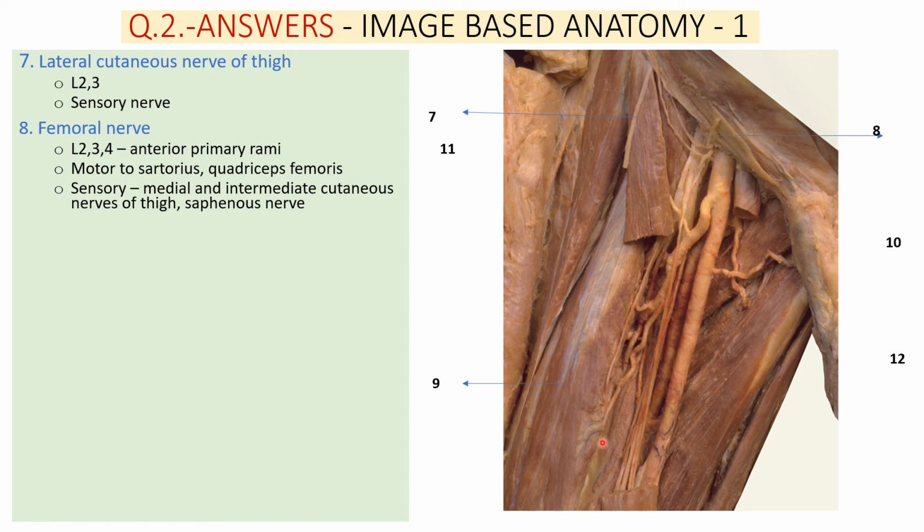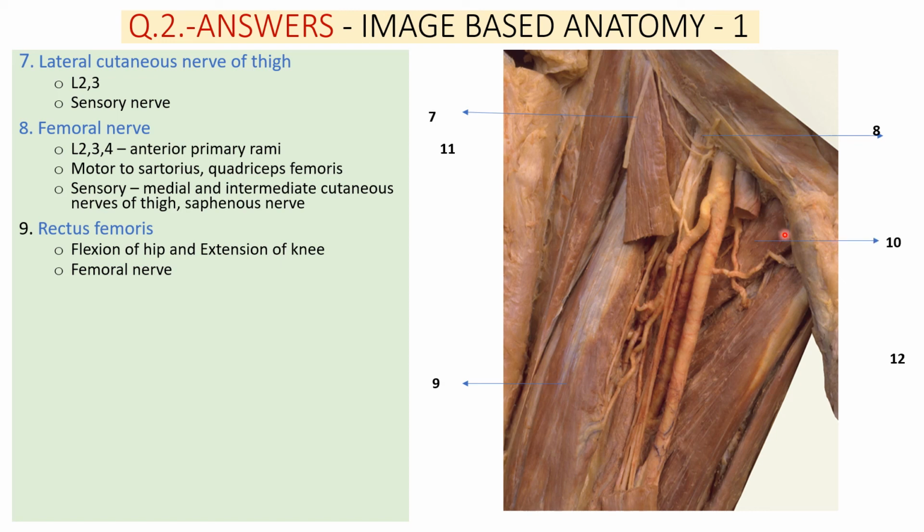Then coming to the 9th one, it is a muscle, and it is rectus femoris. It is part of the quadriceps femoris muscle, which consists of 4 muscles, that is the vastus medialis, lateralis, intermedius and rectus femoris. So you are seeing the rectus femoris part, and its function is it's a flexor of hip and extensor of knee, and is supplied by the femoral nerve.